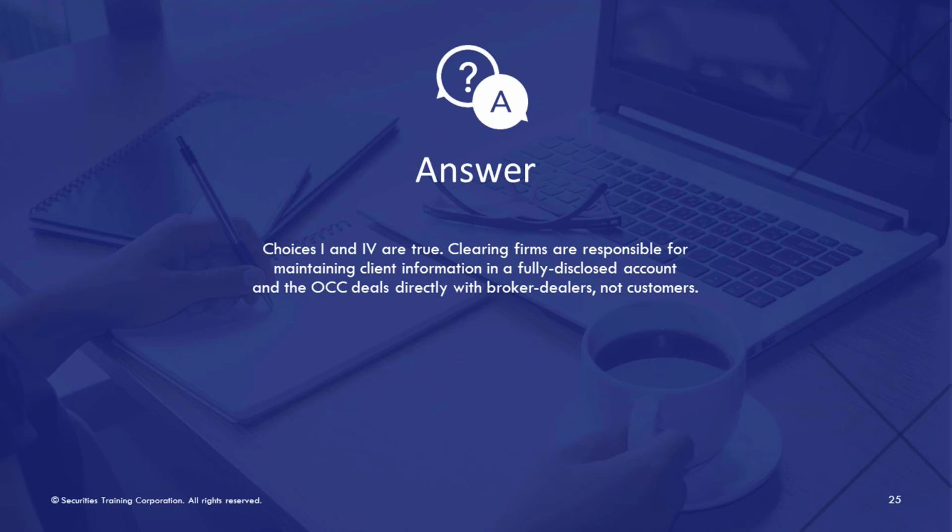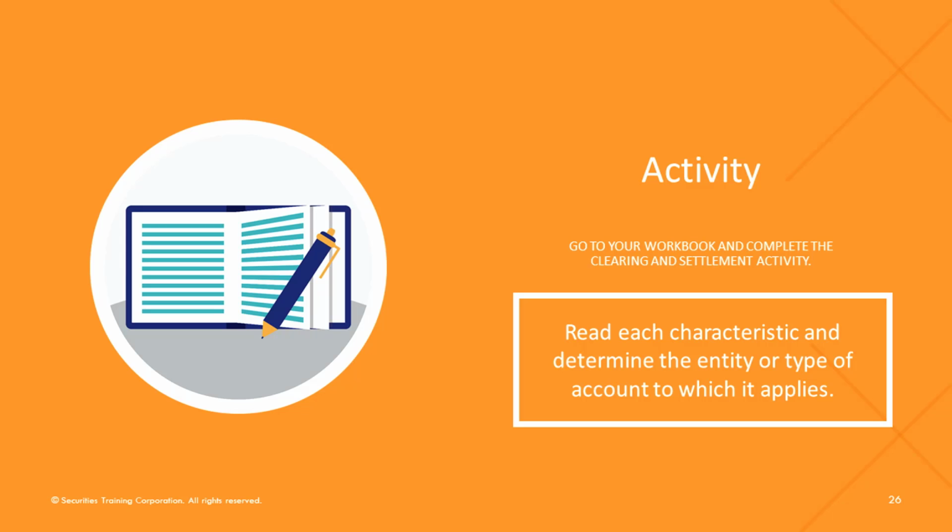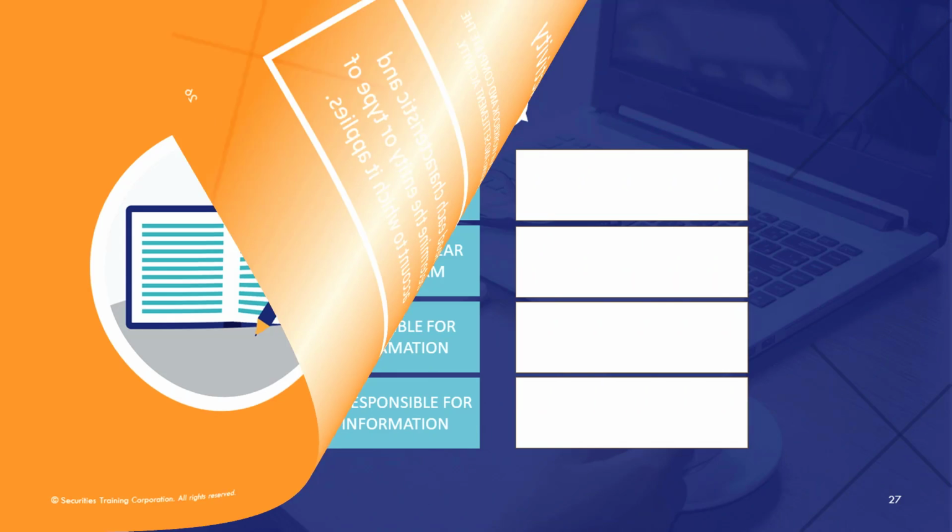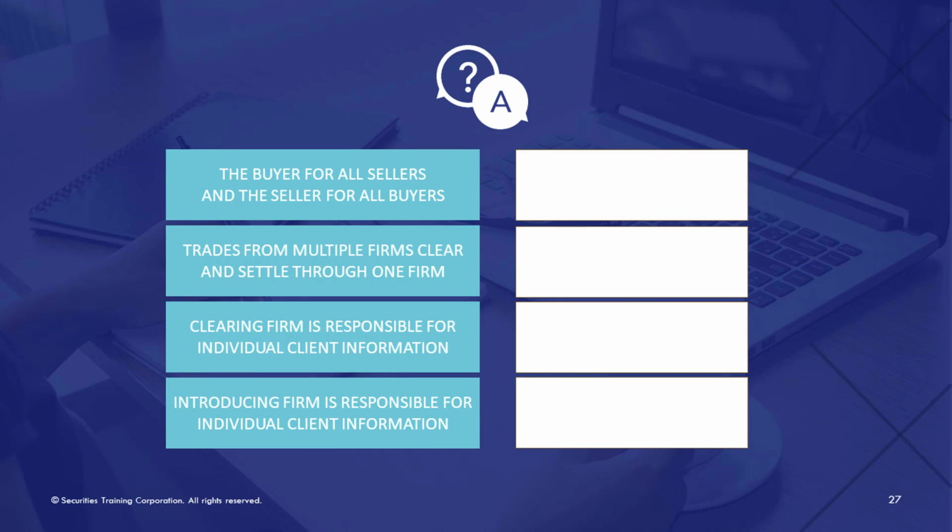Okay. Our final activity is a matching concept. The buyer for all sellers and the seller for all buyers is the Options Clearing Corporation for options, and it would be the DTCC for equities and fixed income.